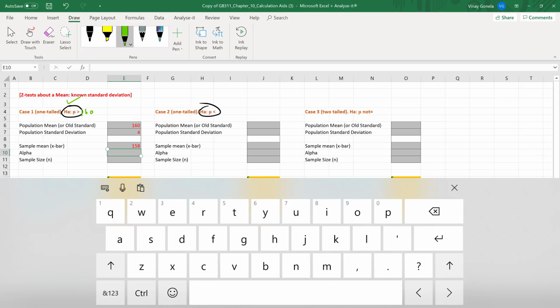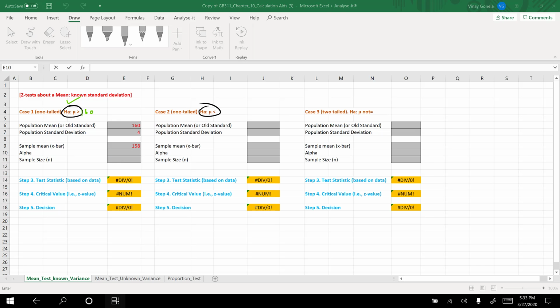Alpha, the significance level, let me check what alpha is.